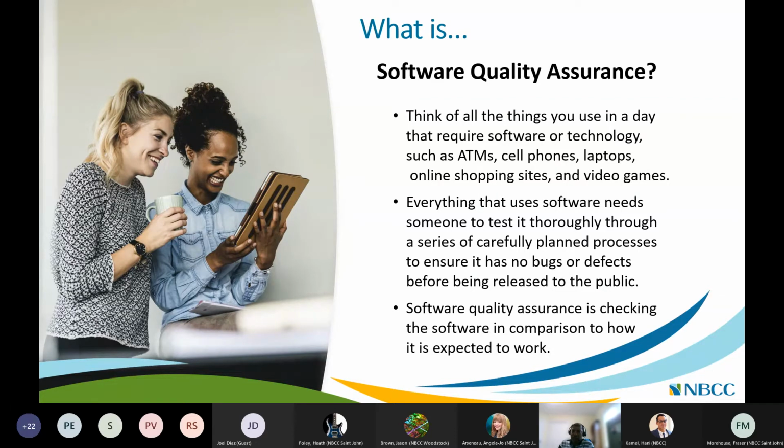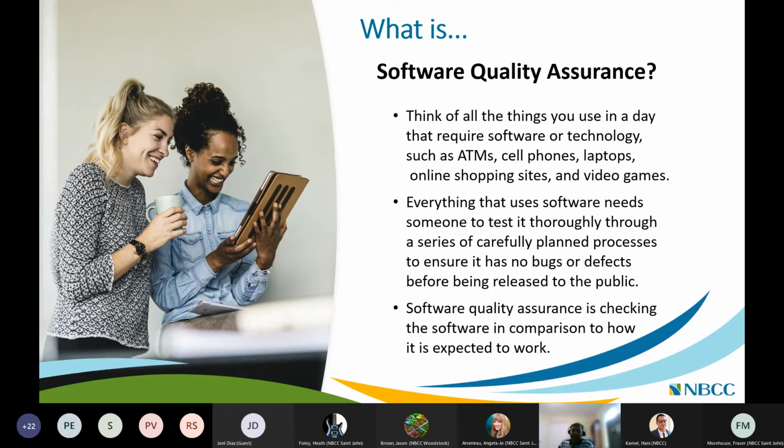So think of all the things you use in a day that require software or technology, such as ATM, cell phone, laptop, online shopping sites, video games. Everything has software. And to make sure that software is working perfectly, we need quality assurance analysts. Software quality assurance is checking the software in comparison to how it is expected to work.